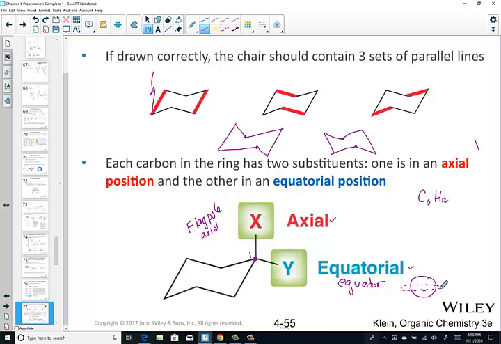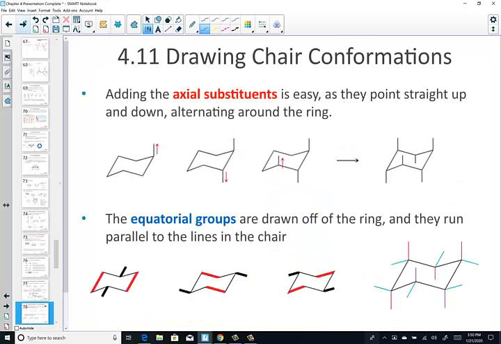At this slide, we're just defining the terms. If it's coming straight up or straight down from that carbon, those are known as axial. If they're going around the center of the structure, those are known as equatorial. Every carbon has an axial and equatorial bond. Very critical to see that.